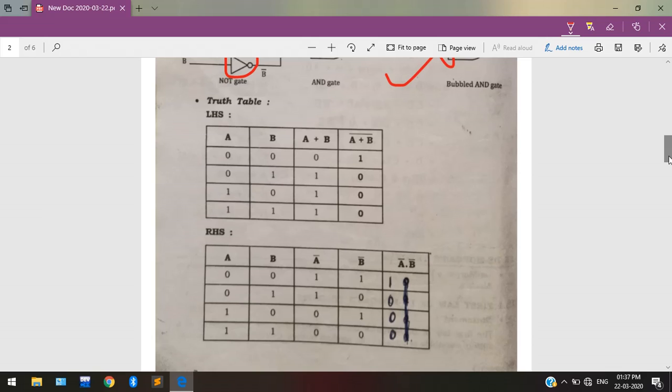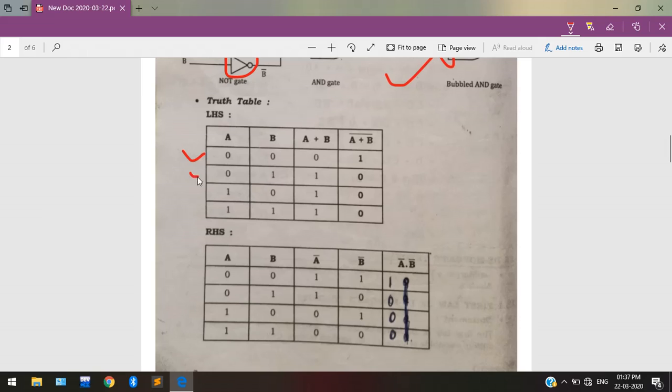It is the complement of a plus b, so it is 1. The output is 0, and the complement of the output is 1. So whenever we apply 0 plus 0, the output is 0, but due to De Morgan's theorem, (a plus b) bar is 1.